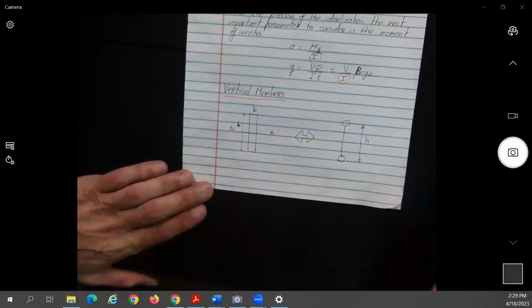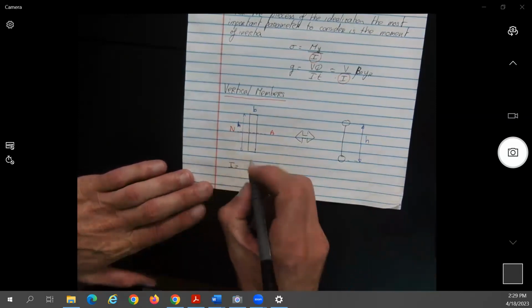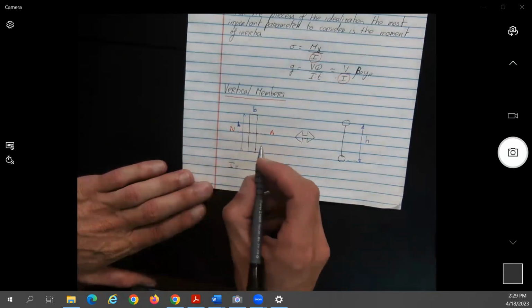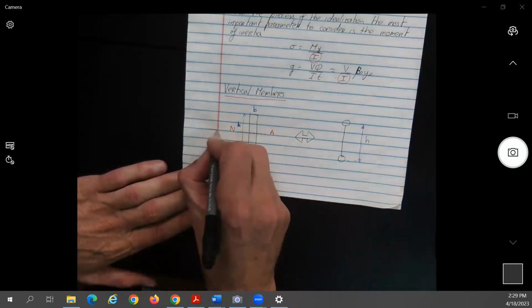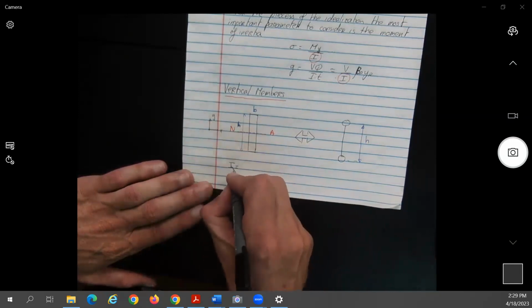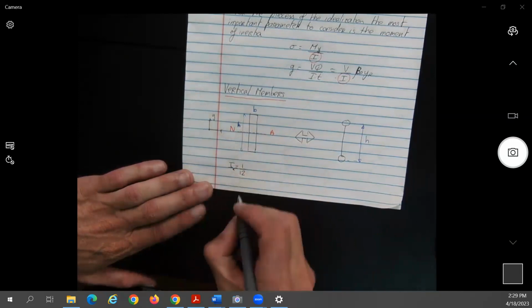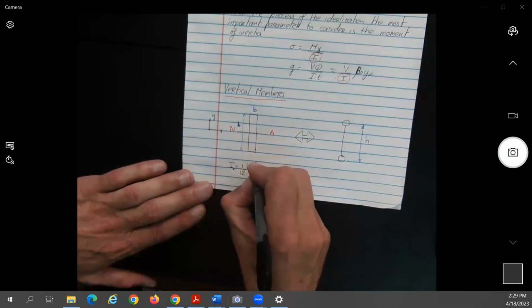If you have any questions, you can stop. So what would be the moment of inertia for this structure, let's say about the x axis? What would be Ix? It would be 1/12 of what? b h cubed. Perfect.